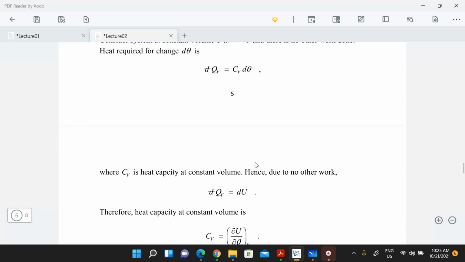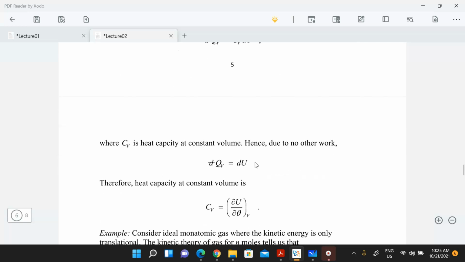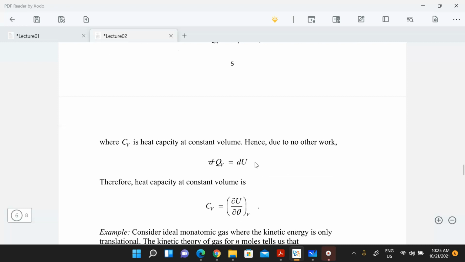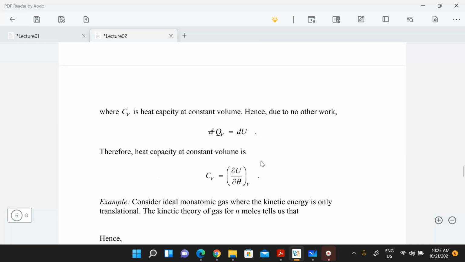Okay, specific heat, I think it means something else. Heat capacity at constant volume can now be related to the change in internal energy from our previous relationship. In other words, the heat capacity at constant volume is just the partial derivative of the internal energy with respect to the temperature.